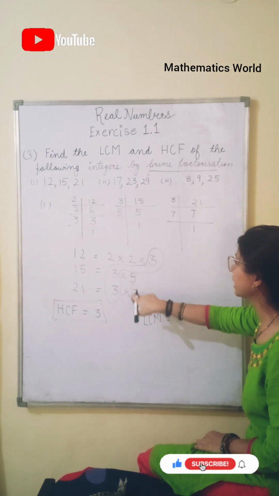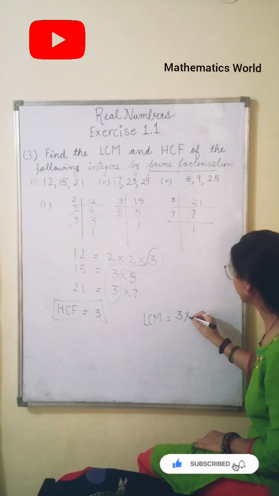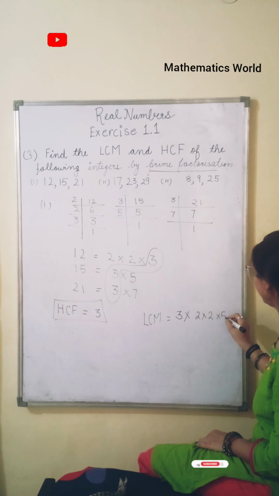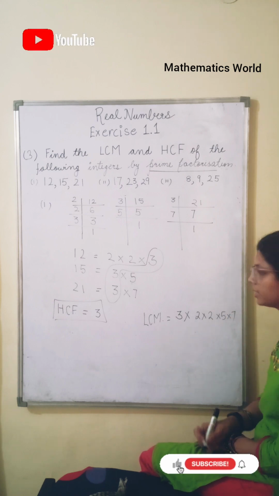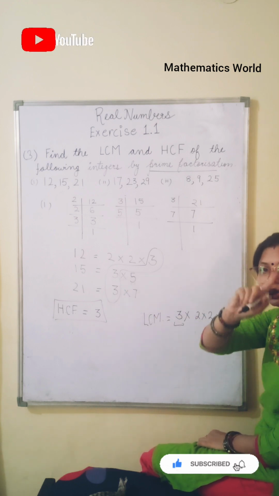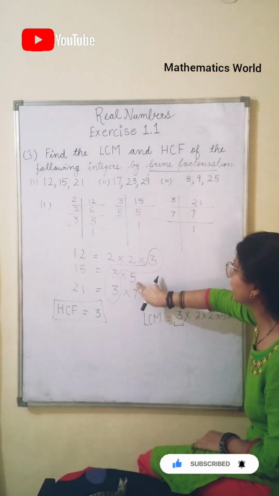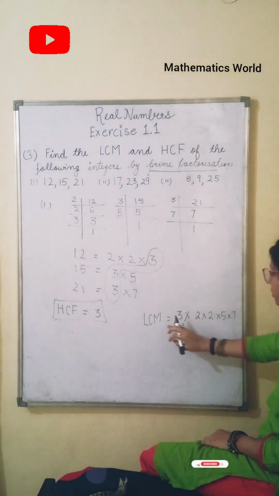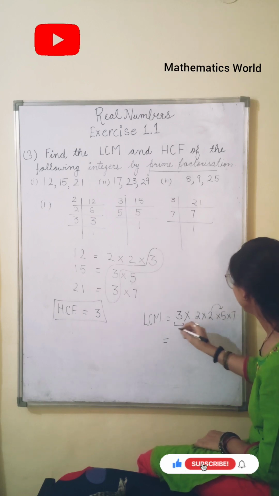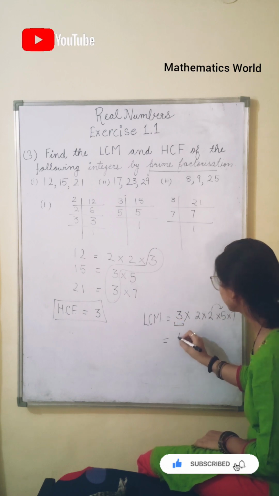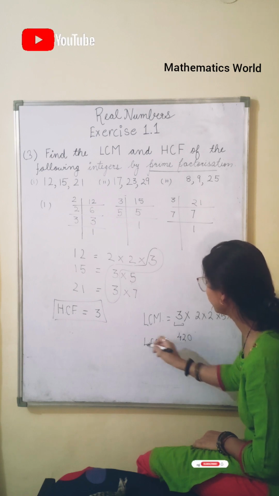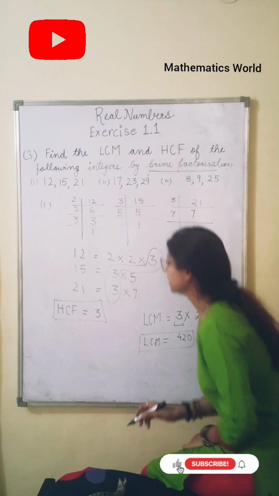And the numbers that are left over, we will also include in the product. 2 into 2 into 5 into 7, right? The common prime factor in all three, for LCM we will write only once, and the left out factors we'll write as it is and simply we'll find its product. So it will be 2 5s are 10 and 3 2s are 6 7s are 42. So it's 420. So LCM of the three numbers 12, 15 and 21 is coming out to be 420.